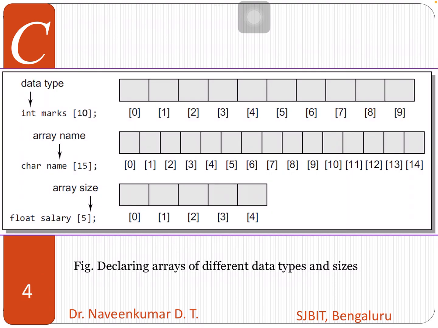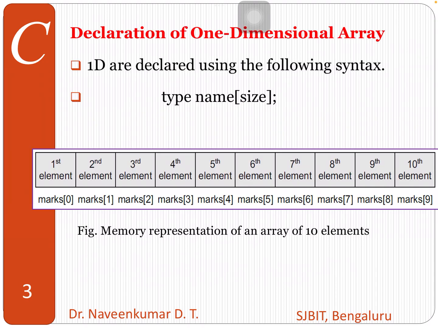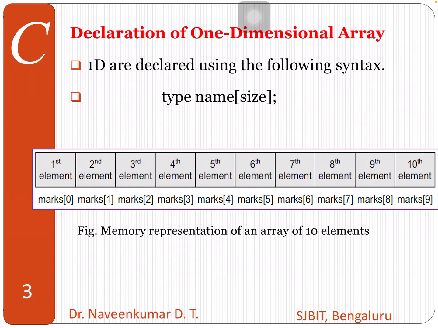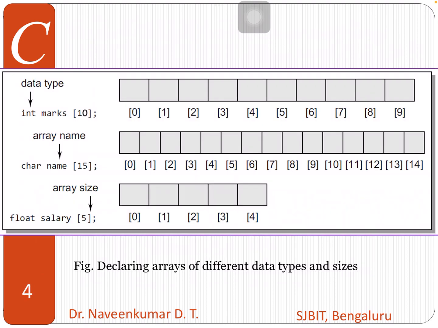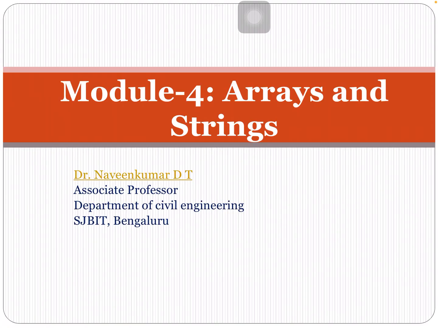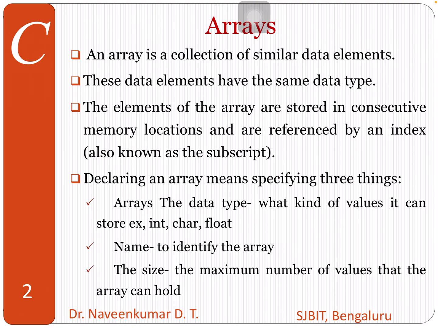So in this video we have discussed the definition of an array, how to declare a one dimensional array, and the memory representation of arrays. We have understood that an array is a collection of similar data elements.